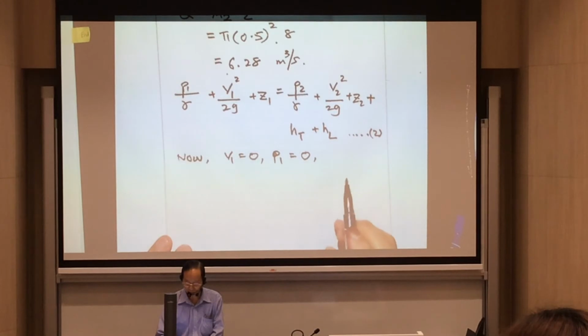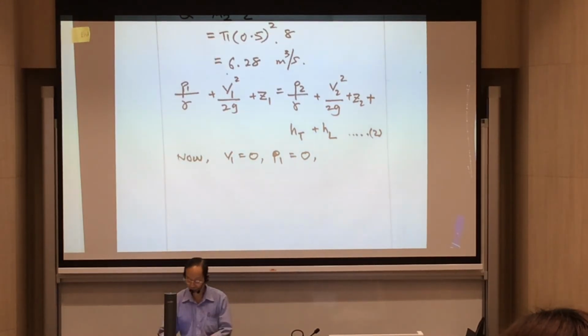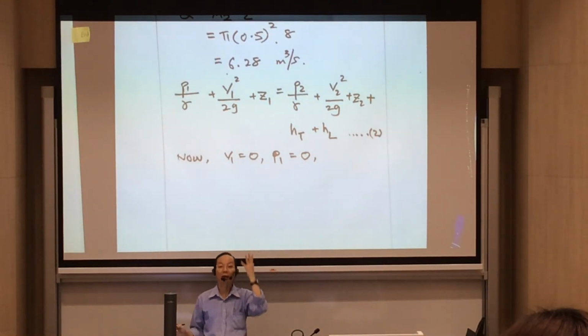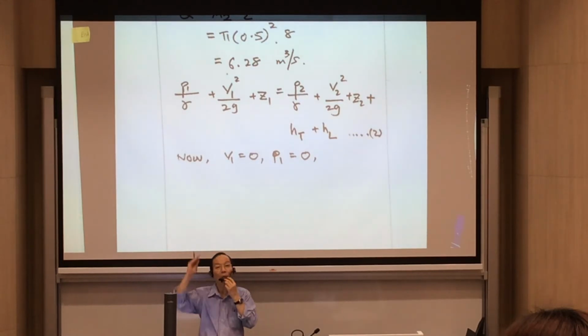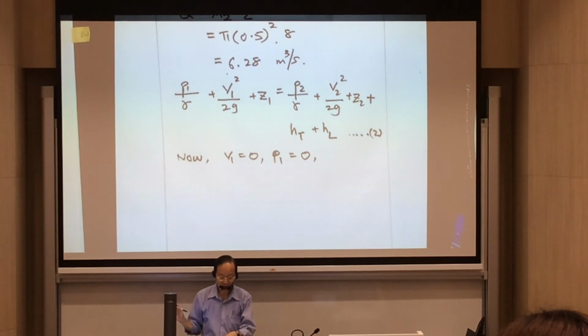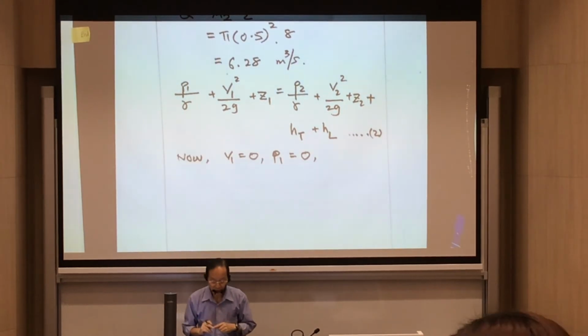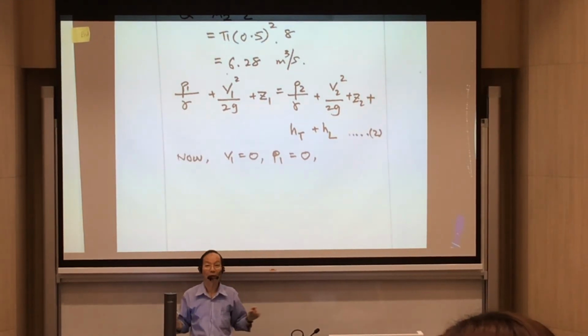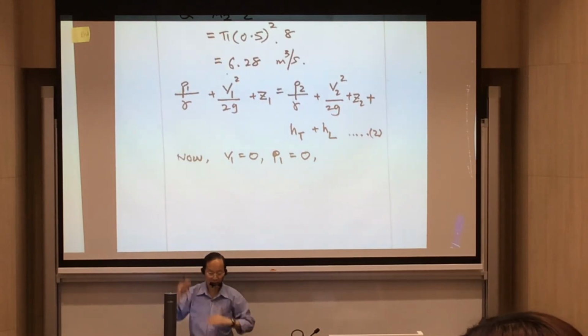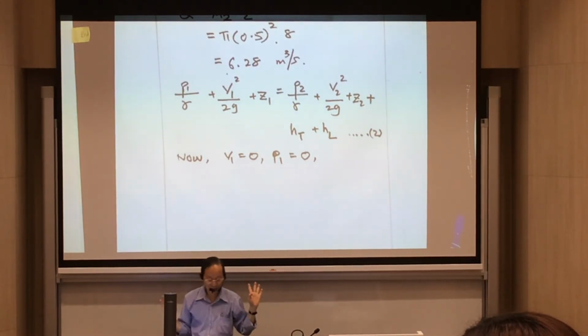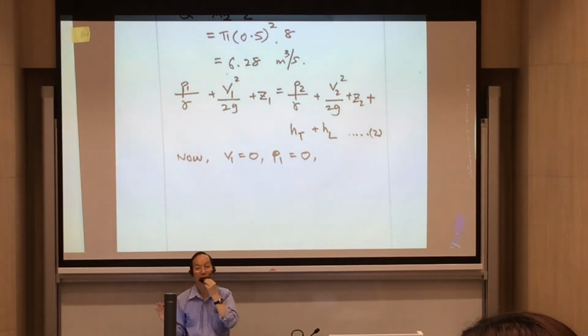What about Z1? Also 0? Where is its height measured from? What is the best datum here? The datum has been placed for you already. That's the datum. So Z1 is not 0. Z1 is close to 150 meters.